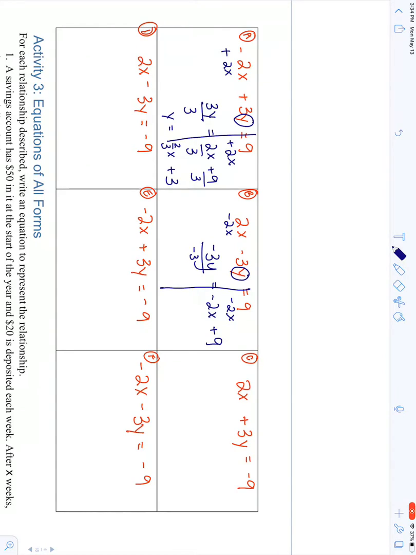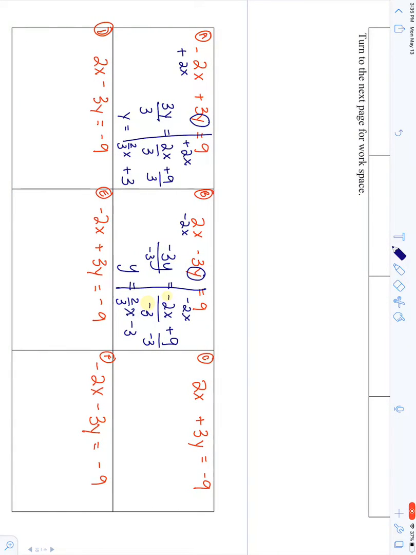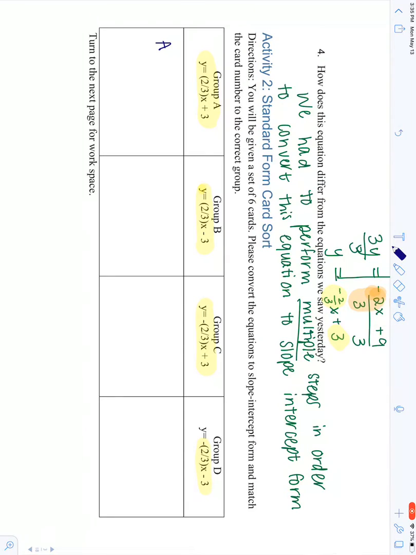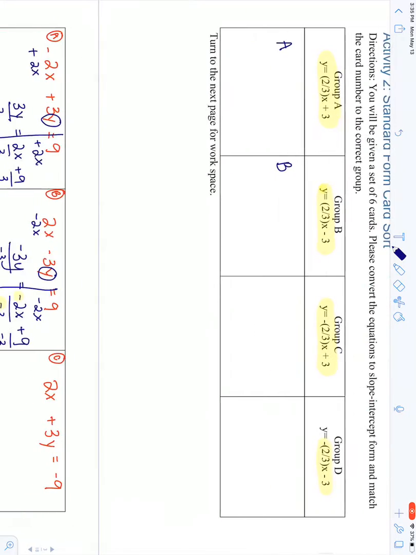And negative 3 divided by negative 3 will give me that negative 1. So when I divide everything by negative 3, I get y is equal to a negative divided by a negative will equal a positive. So this will actually equal a positive 2/3 x and then minus 3 because 9 divided by a negative 3 will be negative 3. So it looks like I have a positive slope and a negative y-intercept. So it looks like card B belongs in group B.